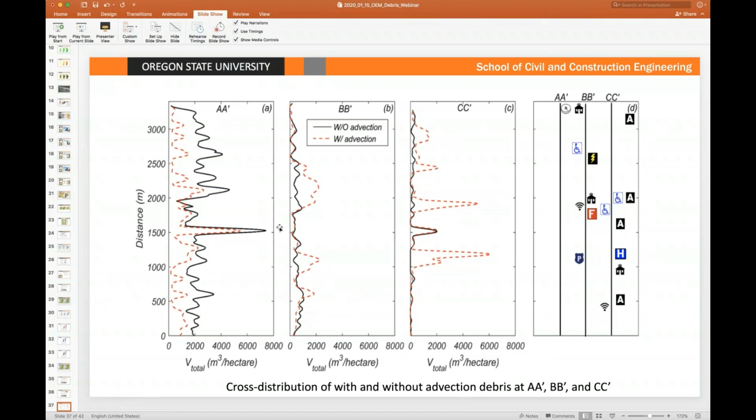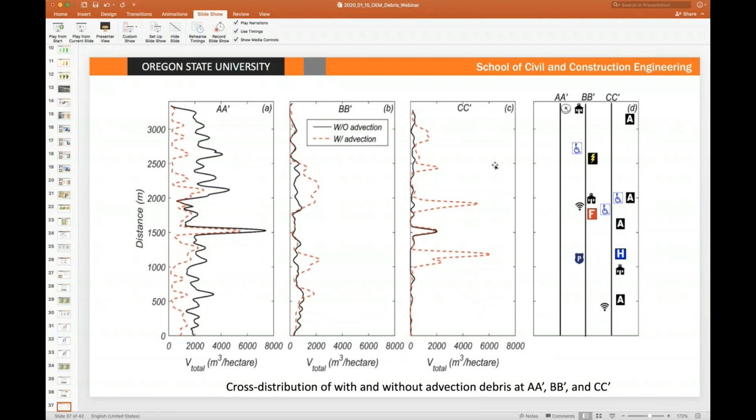So here I'm just showing another chart, a very similar type of thing, but kind of before and after. The black line is the before, and the red dotted line is the after. And then the first three panels are different locations in Seaside going north to south.